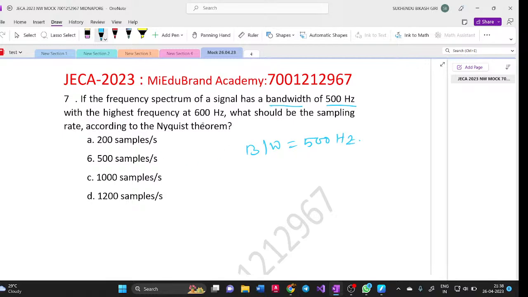With the highest frequency is 600 Hz. What should be the sampling rate according to the Nyquist theory? Answer it in the comment section, please.